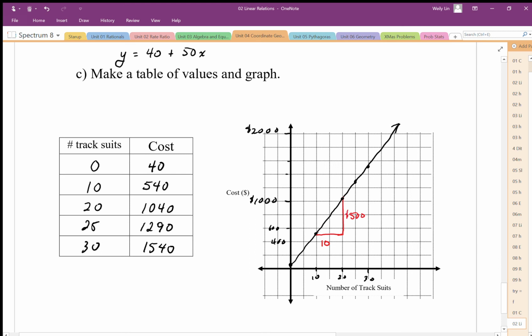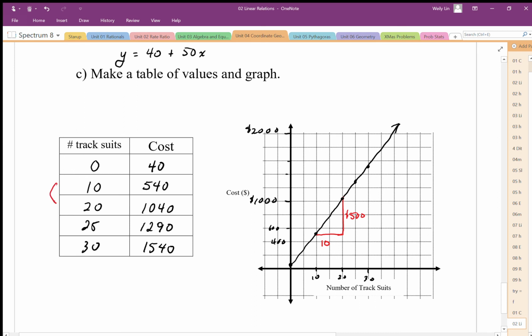It goes from 540 to 1,040. There's our proportion. And that proportion can be drawn as a small triangle or a big triangle, because remember it's proportional, meaning that we can use 10 to 500, or 1 to 50. It doesn't matter.